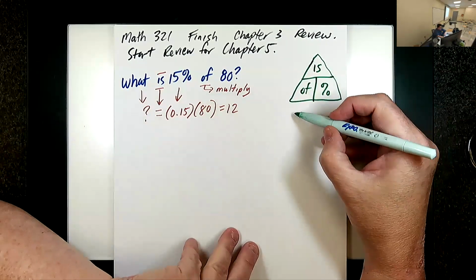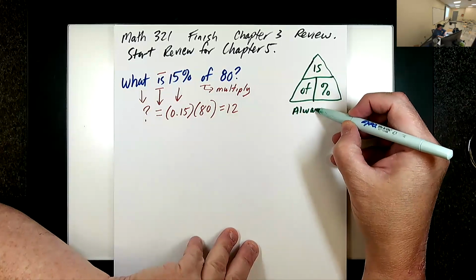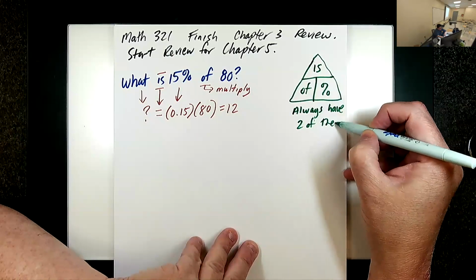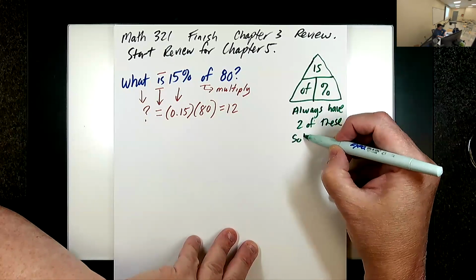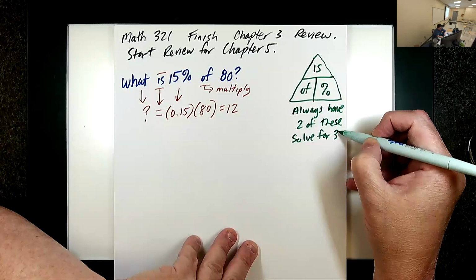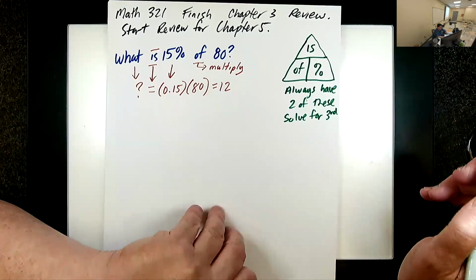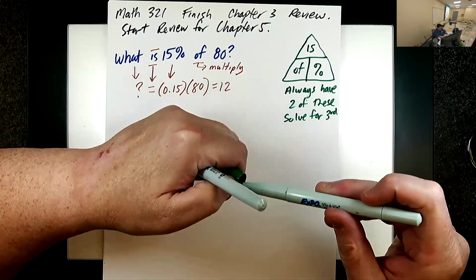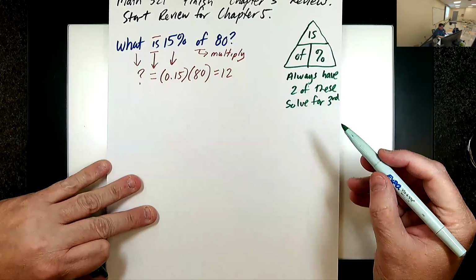And we will always have 2 of these, and solve for the third. So I'll show you the 3 variations.